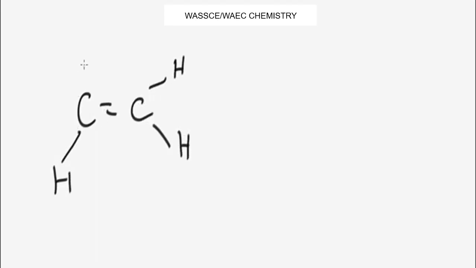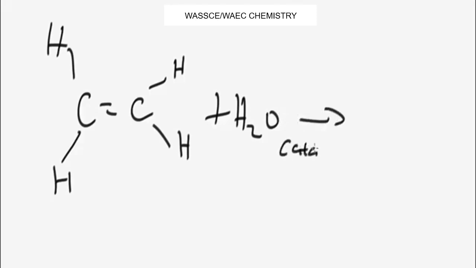When you react ethene, this is the formula for ethene, with steam, and the steam is in form of water, H2O, in the presence of a catalyst, we're going to have the product to be an alcohol. This time around, we're going to have ethanol as the product, which is an alcohol. So this is the chemical structure for ethanol.